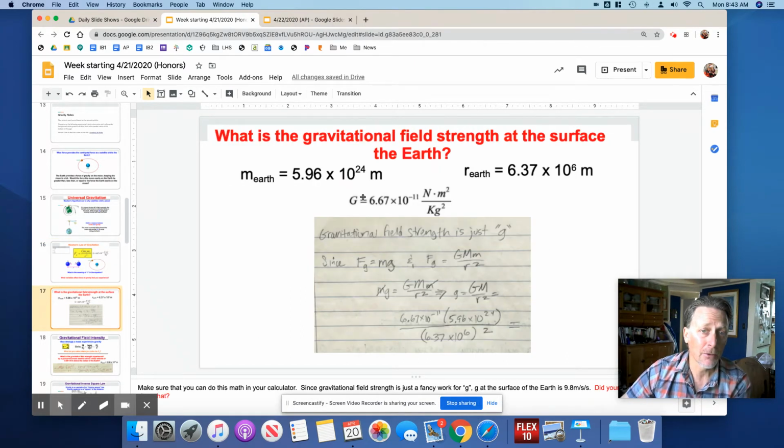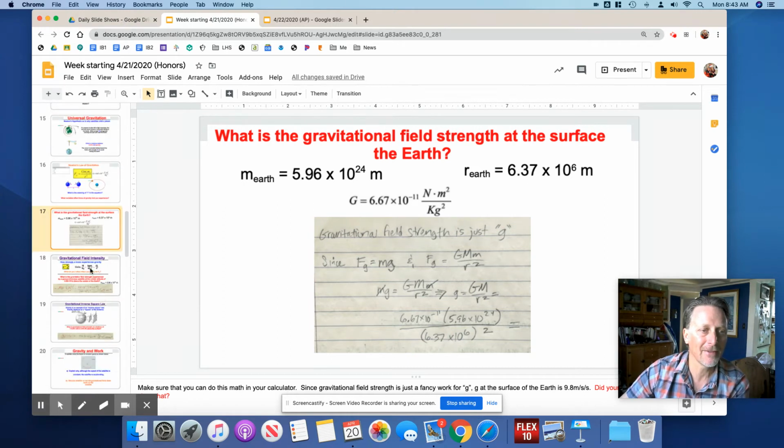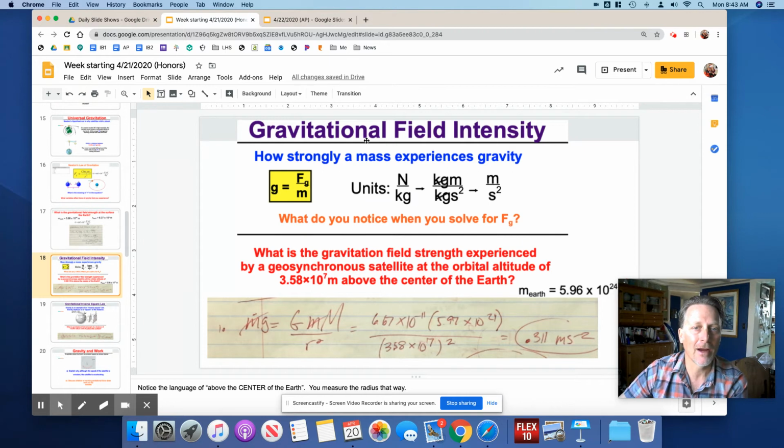Okay, I've worked out some problems now. What is the gravitational field strength? I've shown you the work here. These are all going to be practice for our practice problem set. We're looking at this idea of gravitational field intensity. This is basically what we've called up to this point just g, like little g. What is the gravitational acceleration at the surface of the Earth? That's 9.8 meters per second squared. But that changes depending on elevation, going far above the Earth.